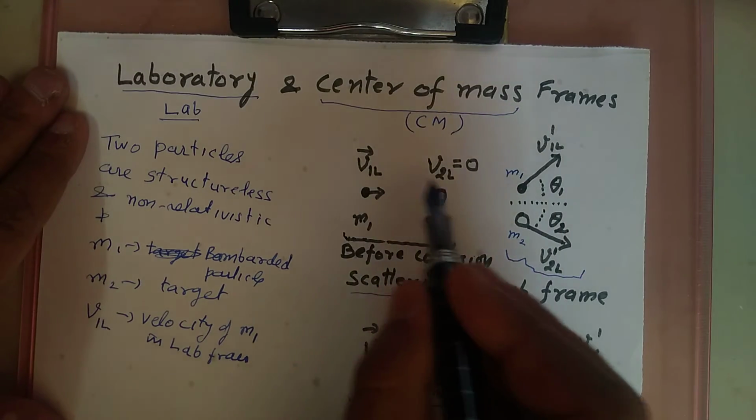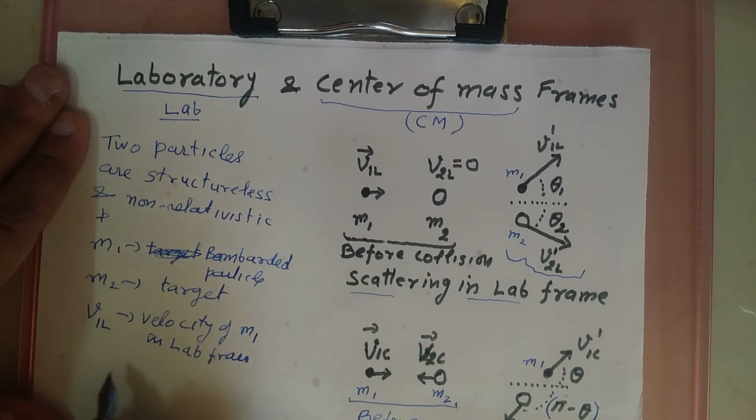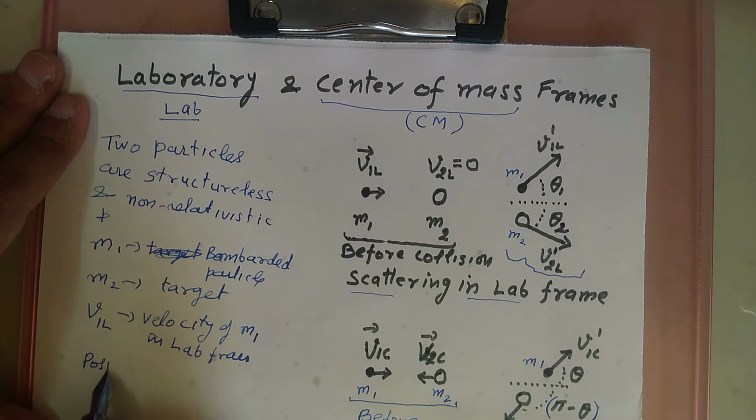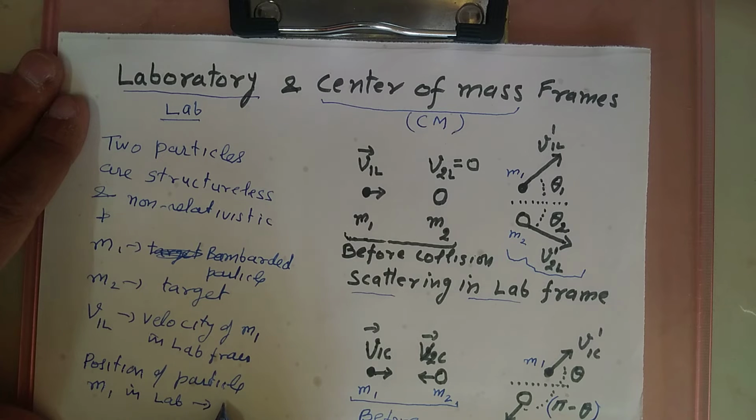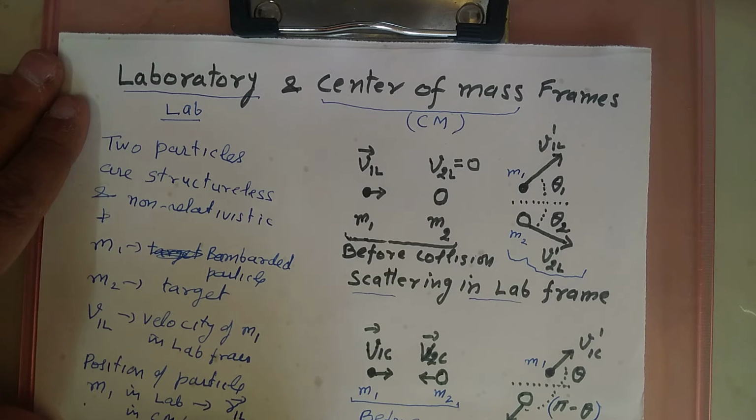And another parameter that we have to consider is the position of particle M1 in the lab frame, which is represented with R1L. And the position of particle M1 in the CM frame we denote with R1C.